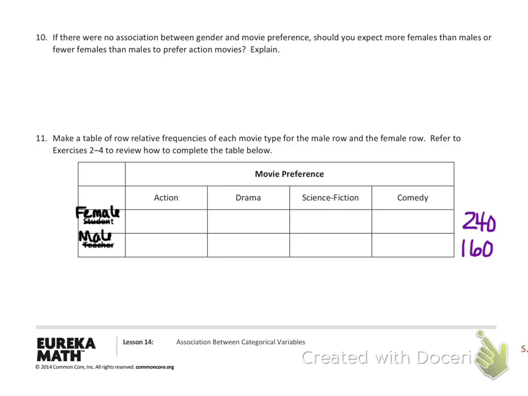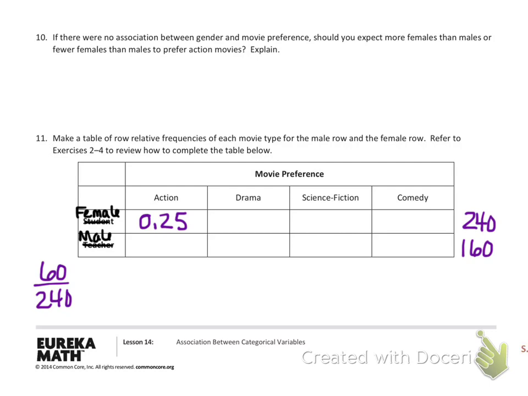I'm just going to give myself a little more data here. So there were 60 females who preferred action, so that would be 60 over 240, which ends up being 1/4, right? So this is 0.25 of the females preferred action. Okay, so let's continue on with females.